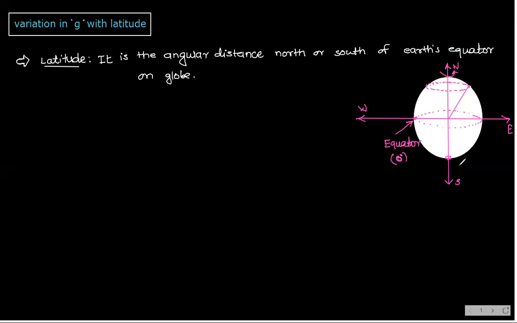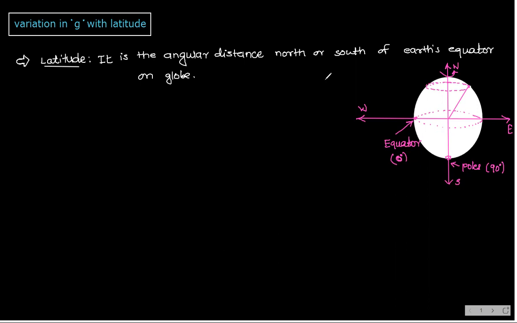And this one is the poles. Here phi is how much? 90 degree at the poles. Understood? So this is what we can say latitude.